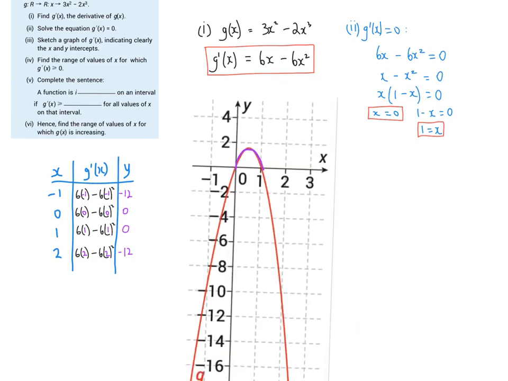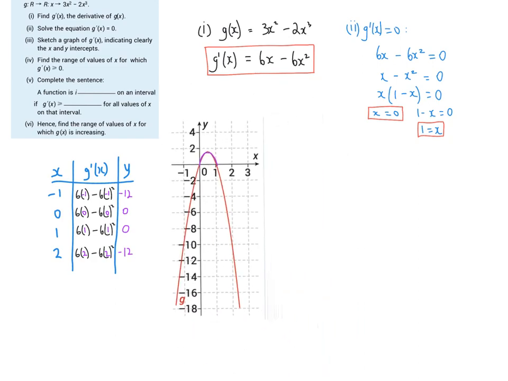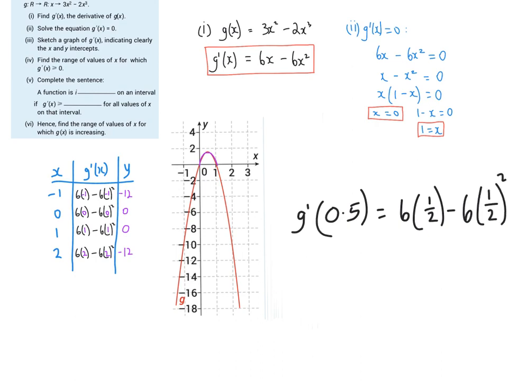If we want to be sure and test this out exactly as we did during functions, we might pick a number between 0 and 1. So if we pick 0.5, we say g prime of 0.5 and sub it in. That's going to give us 6 times a half minus 6 times a half squared.